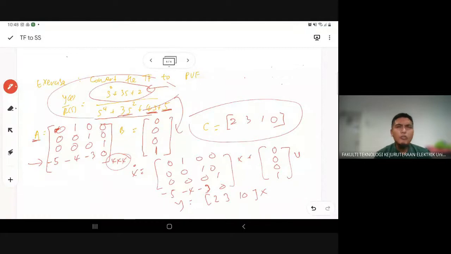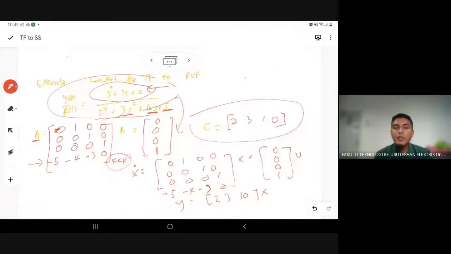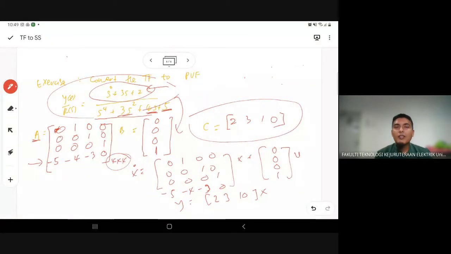I think only 2 students got A for Control 1, the rest got B, B plus, and so on. Although they cheated, the answer was wrong. Because of this, focus during the class.